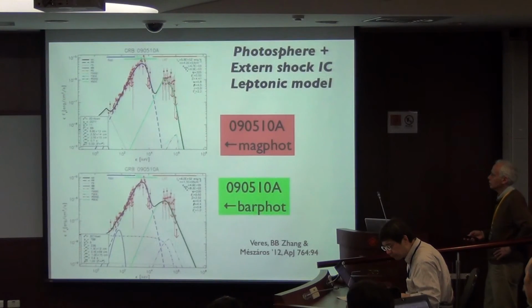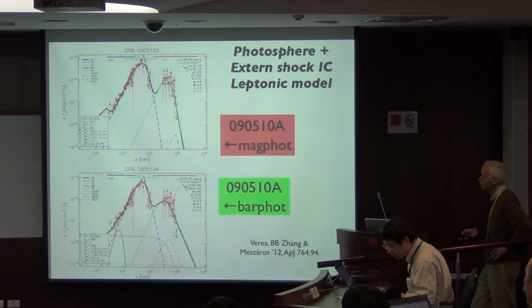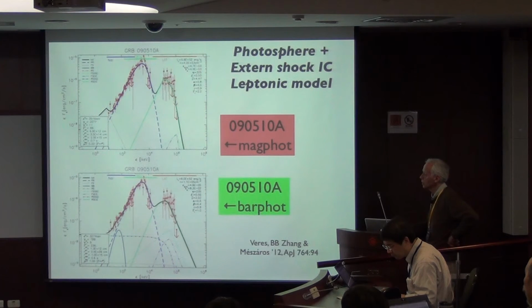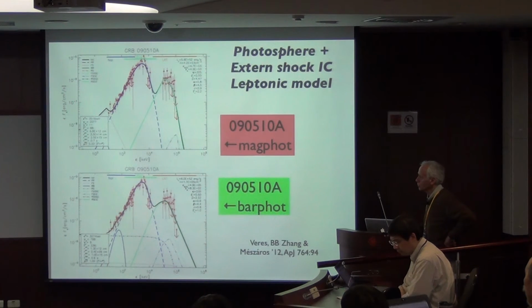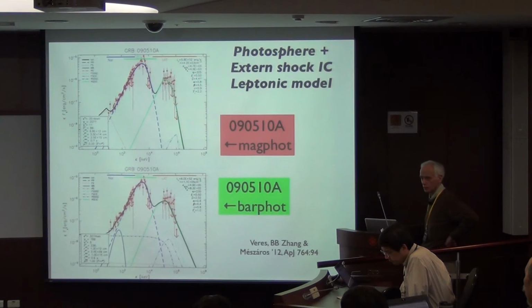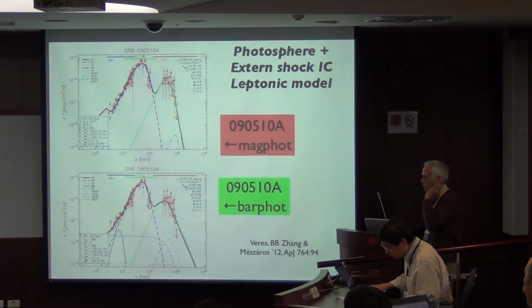And you can get spectral fits to Fermi bursts, Fermi-like bursts, which more or less agree. But you can get the same type of goodness of fit for either a photosphere which is magnetically dominated or for a photosphere which is baryonically dominated. So adjusting parameters, you cannot tell which of the two dynamics is the correct one, whether it's magnetic dynamics or baryonic dynamics.